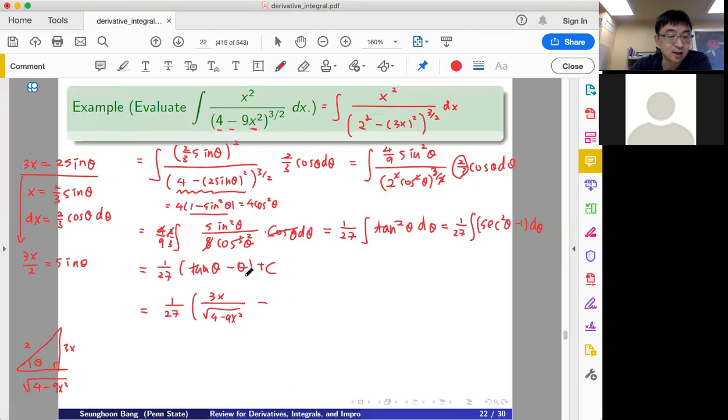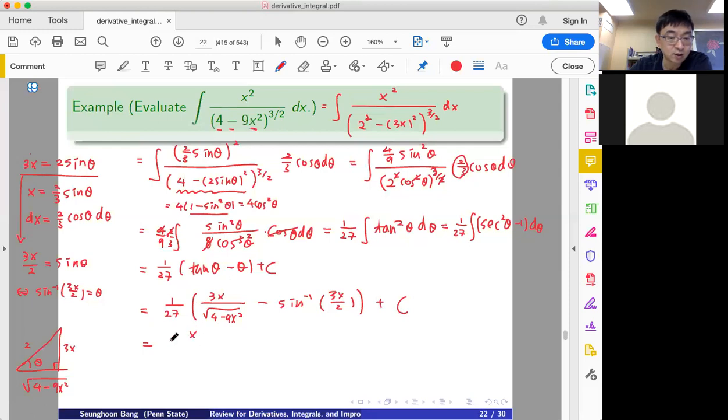Minus, what is theta? The theta is from here. You can use the inverse function. You can change it to inverse sine of 3x over 2 equals theta. Replace here: inverse sine of 3x over 2 plus C. So distribute 27. The final answer is the next one. The 3 is crossed out.